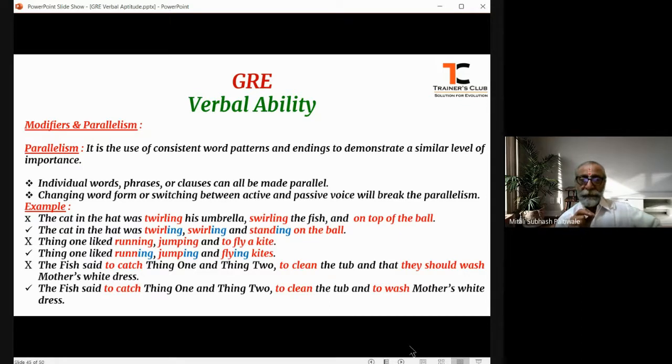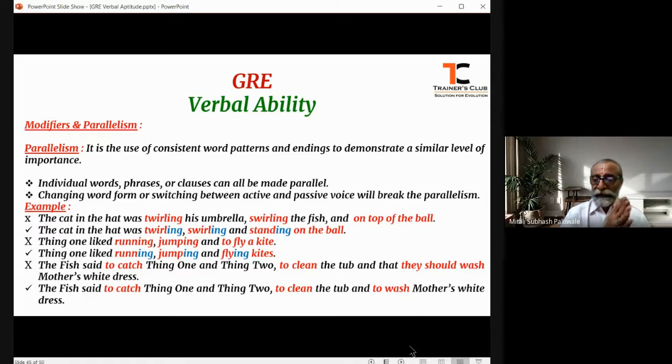Running, jumping, and flying. So this is how we have to make consistent use of word patterns and the endings, meaning ing with ing.